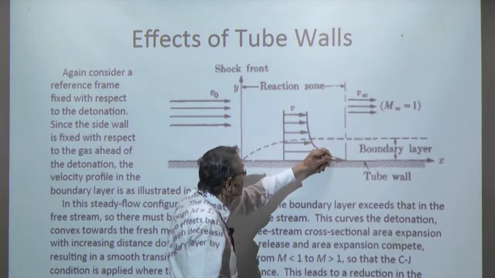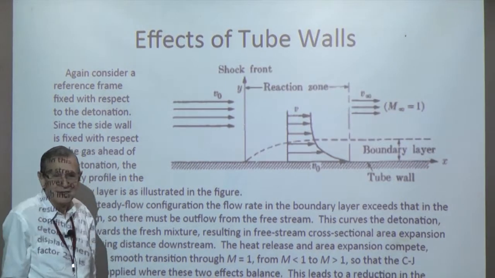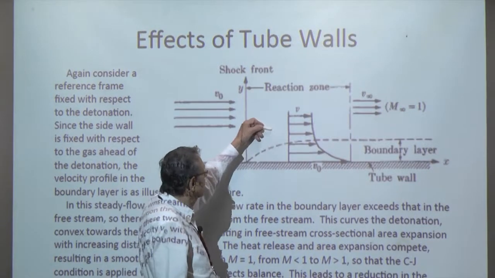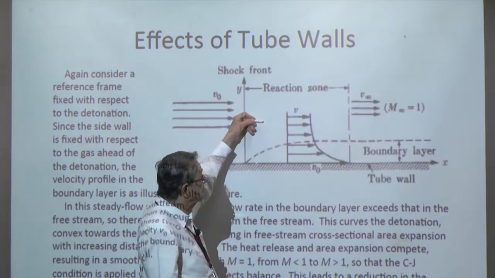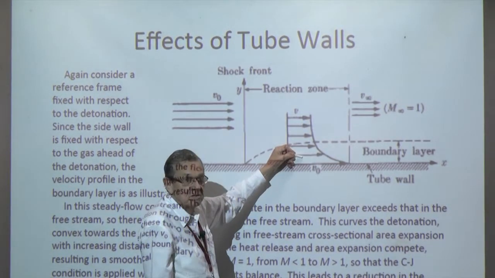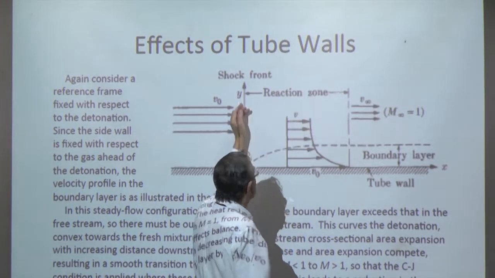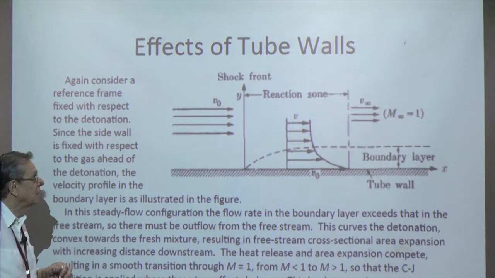The velocity is greater in the boundary layer than it is in the free stream when a detonation is going down the tube steadily. What does that mean? That means there's a mass flux. The mass flux here is greater than there, from the detonation into the boundary layer. That leads to the detonation being curved instead of planar, and so detonations propagating in tubes tend to be curved.